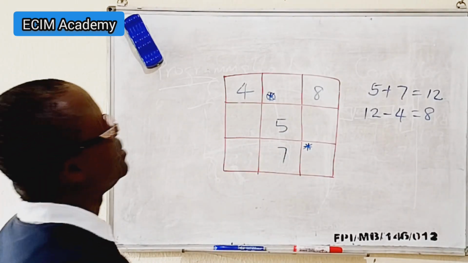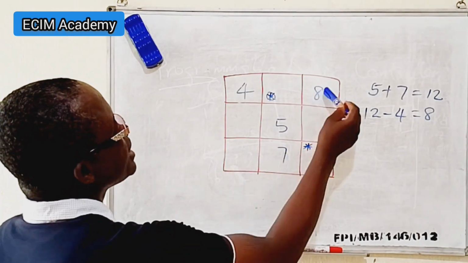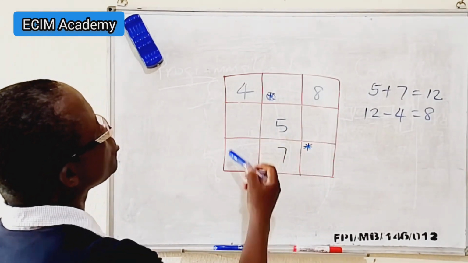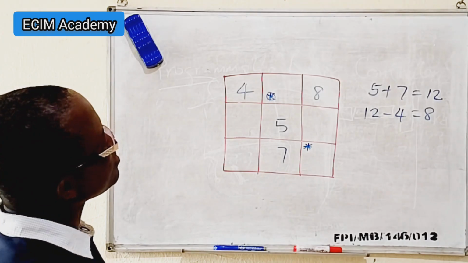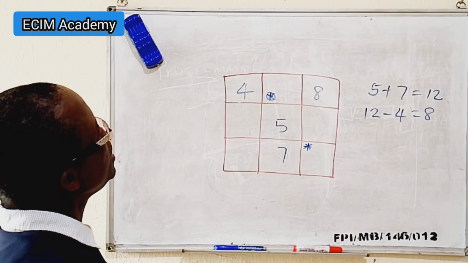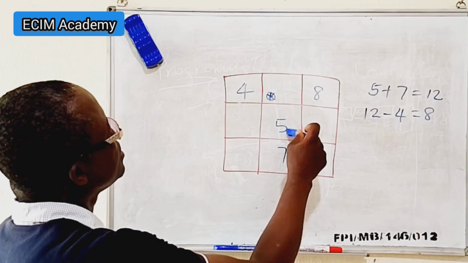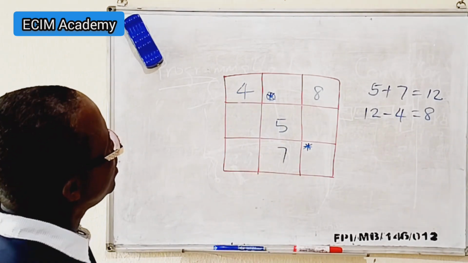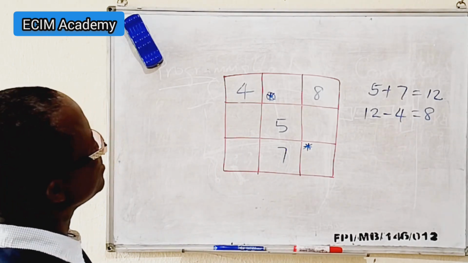Meaning that this cell, if we eliminate it, we can add this up, and it should be equal to this plus this. Sorry, if you add this up, this plus this, meaning that we can add this up, this plus this, and it should be equal to this plus this, as you can see.